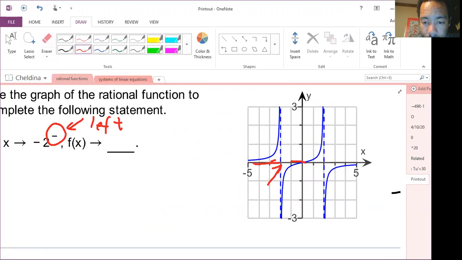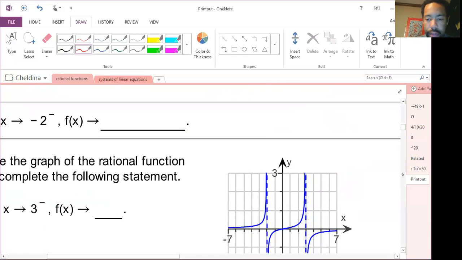So you're on the left of negative 2, that means you're on the graph. And this graph, as you go to negative 2, goes to infinity. So you would put infinity there. As x goes to negative 2 from the left, it goes to infinity.